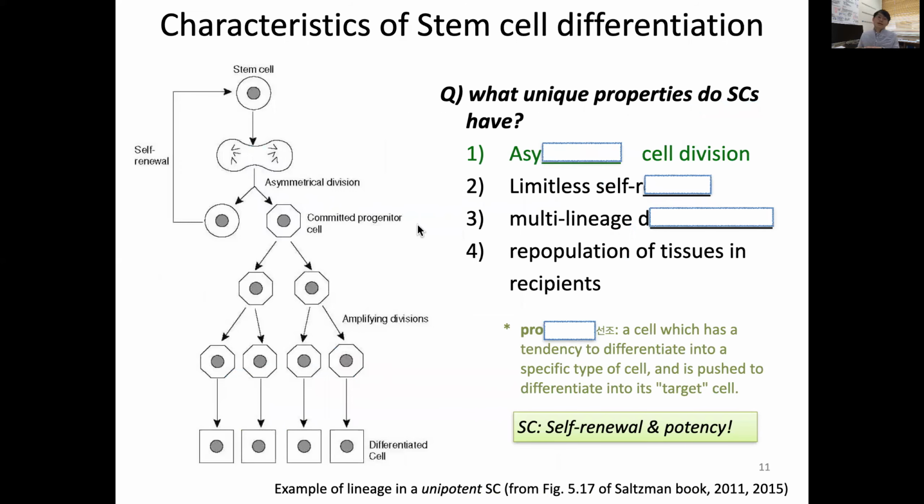So let's consider the characteristics of stem cell differentiation. So you look at this stem cell, which is quite interesting. Stem cells divide into 2, and can give rise to 2 stem cells, but it also possesses a very interesting feature.